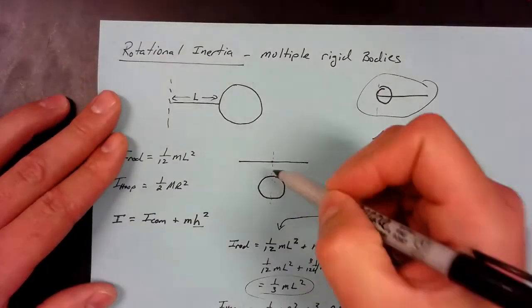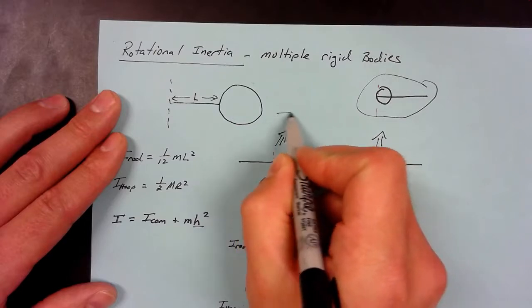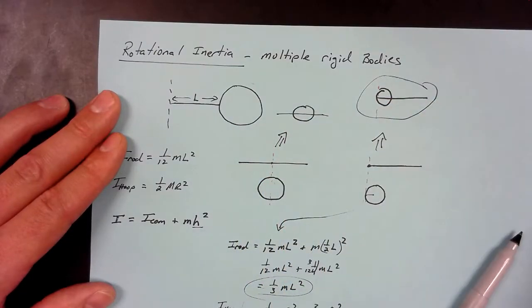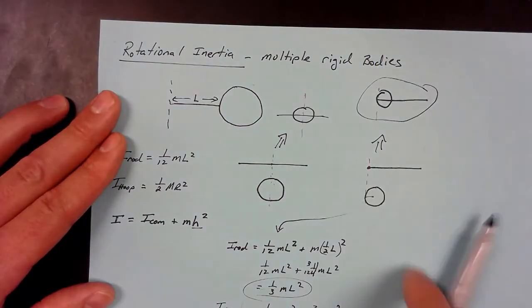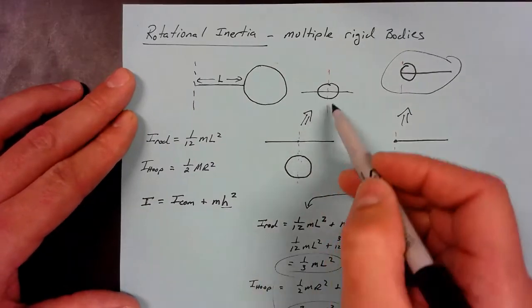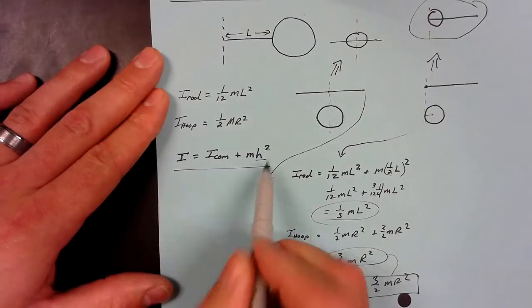All right, if we did the same thing for this, where we put the hoop and attached it right at the center and rotated it that way, you would do the same thing. I'm going to come over to here now. So this is not using the parallel axis theorem.